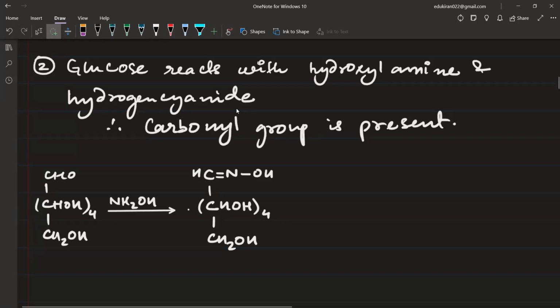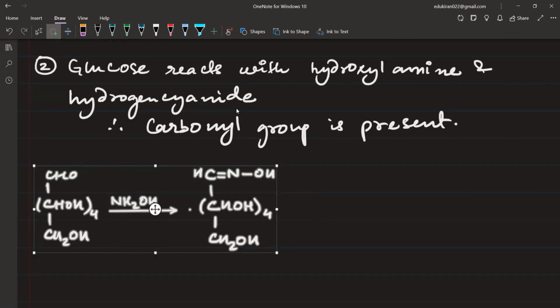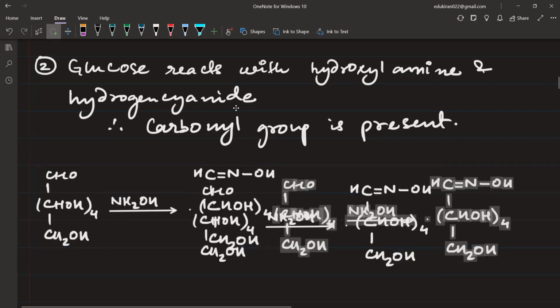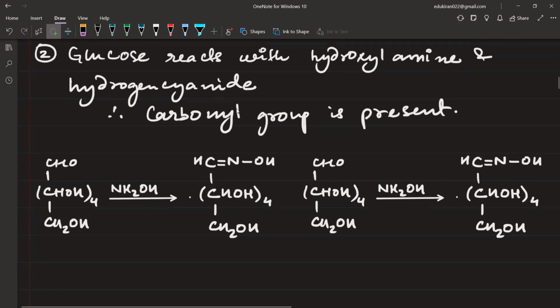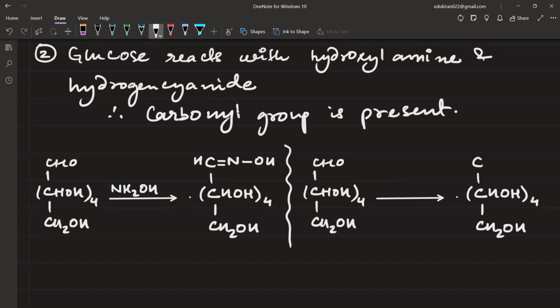Now a similar type of reaction is given by HCN. The H that was there on CHO is as it is, and in place of double bond O, OH comes, and you get a cyanide group here.